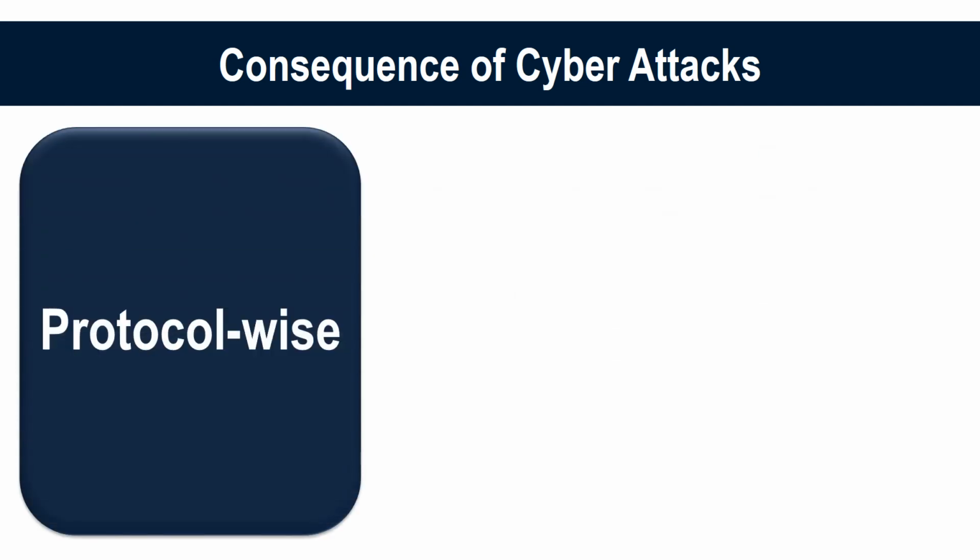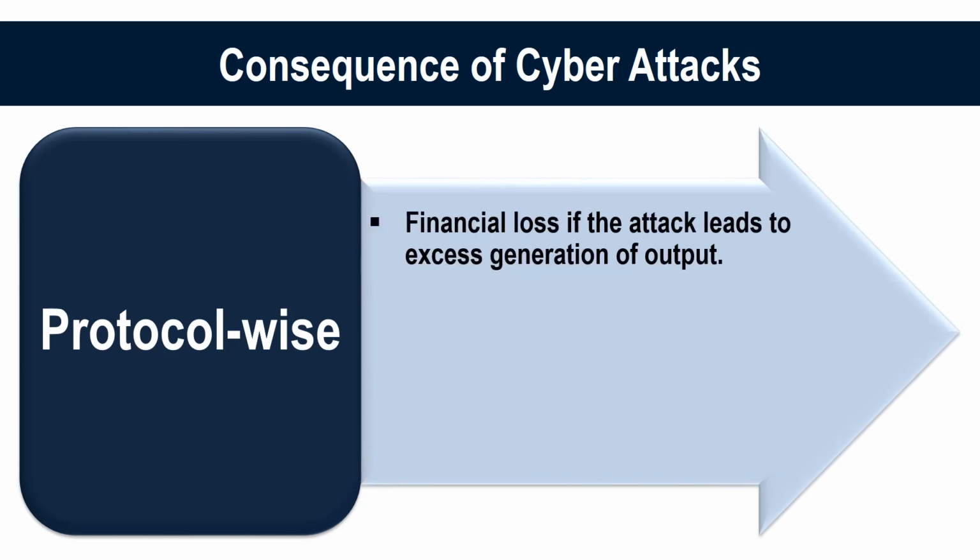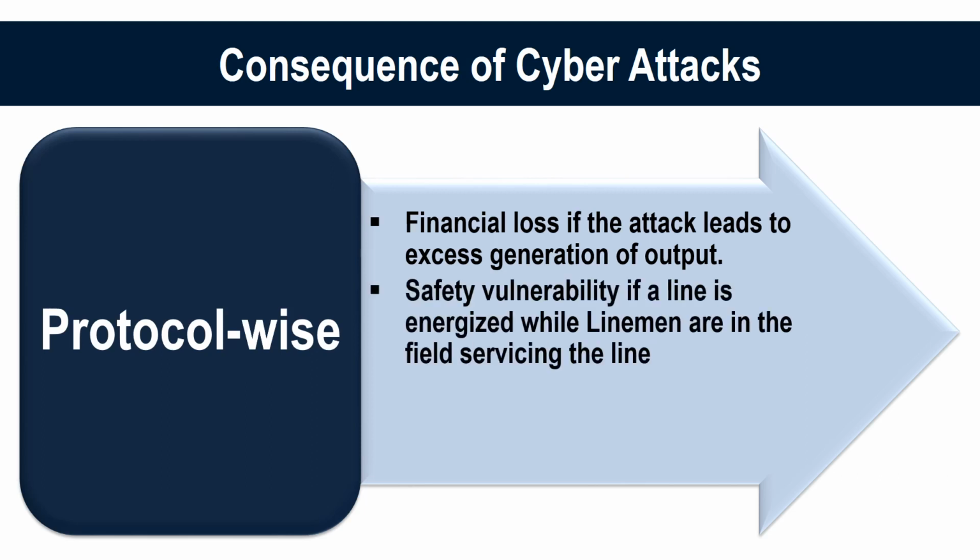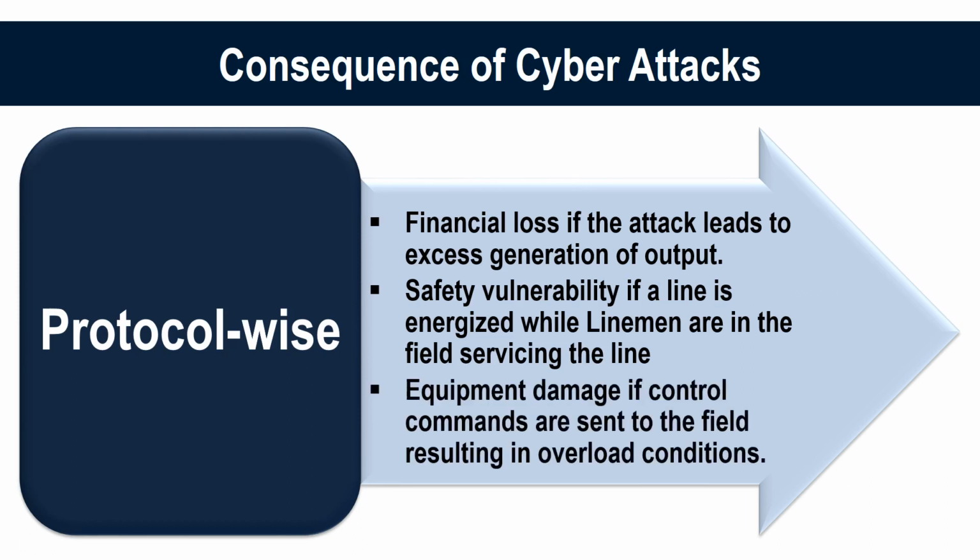What are the different kinds of consequences of protocol-wise attacks? Financial loss if the attack leads to excess generation output. Safety vulnerability if a line is energized while linemen are in the field servicing the line. Equipment damage if control commands are sent to the field resulting in an overload condition.